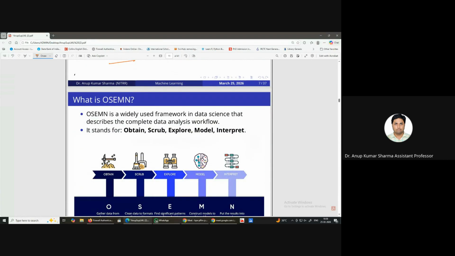Next, before starting machine learning, we should have knowledge about what analysis means. Suppose we are going to work on a project, so what level of analysis do we need? Once we have completed the analysis, according to that analysis, we decide what type of learning to include. There are the four types we already covered.